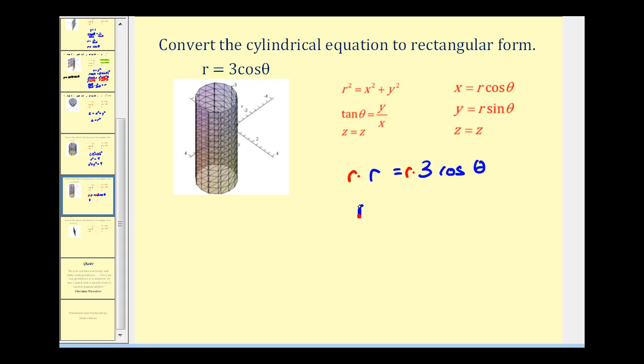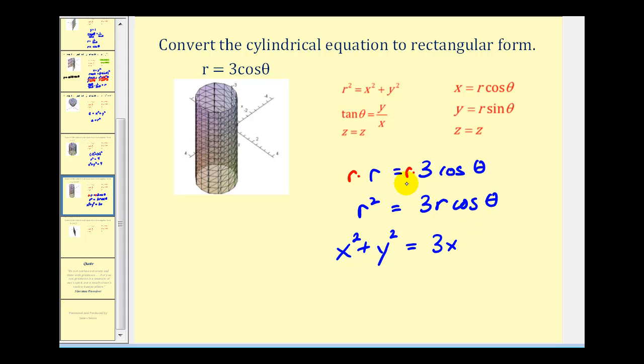So we'd have r squared is equal to 3r cosine theta. And now we can replace r squared with x squared plus y squared. And on the right side we have 3r cosine theta, but r cosine theta is equal to x. So on the right side we just have 3x.